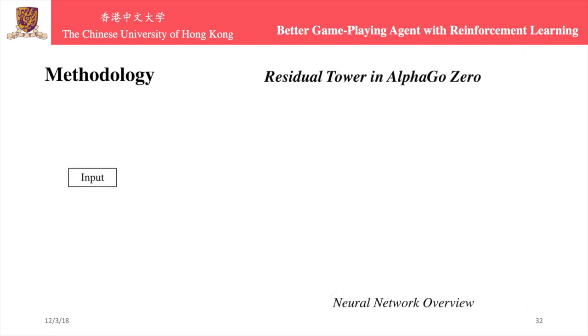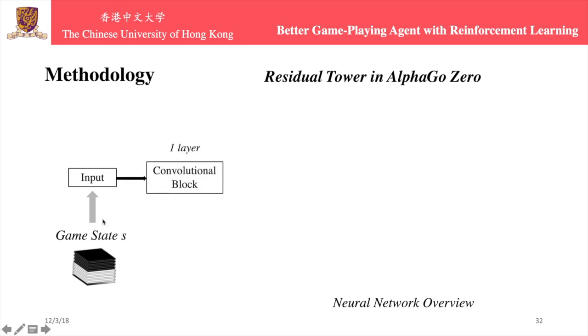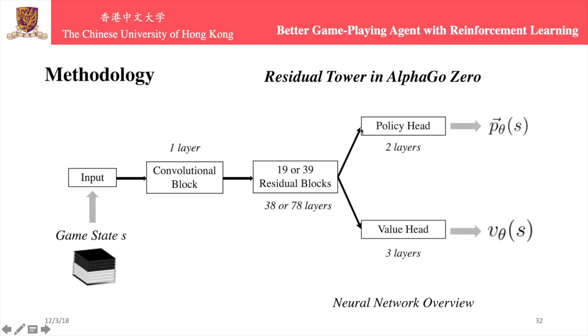After discussing the residual block, I will give a whole picture of how AlphaGo Zero designs its neural network from the input to the two outputs. The game state is given as the input, and then it goes through a traditional convolutional block, and then to the residual blocks we just discussed, and then goes in two ways.